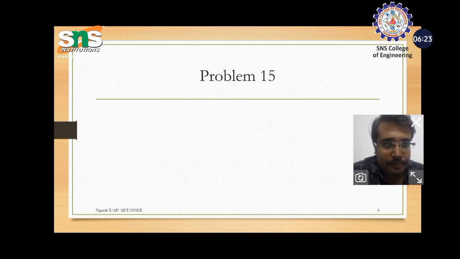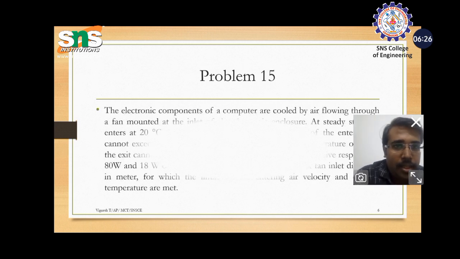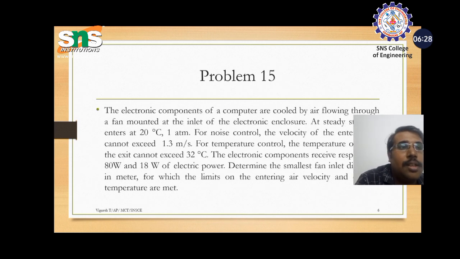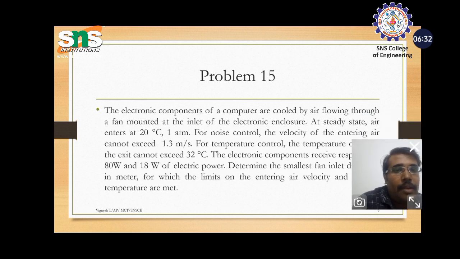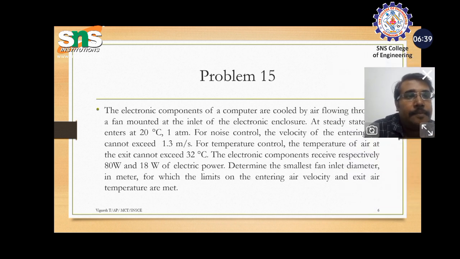Okay, problem number 15: the electronic components of a computer are cooled by air flowing through a fan mounted at the inlet of an electronic enclosure. At steady state, air enters at 20 degrees centigrade, 1 atmosphere. For noise control, the velocity of entering air cannot exceed 1.3 meter per second.